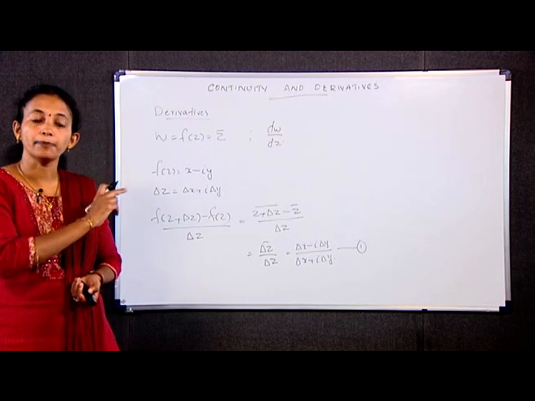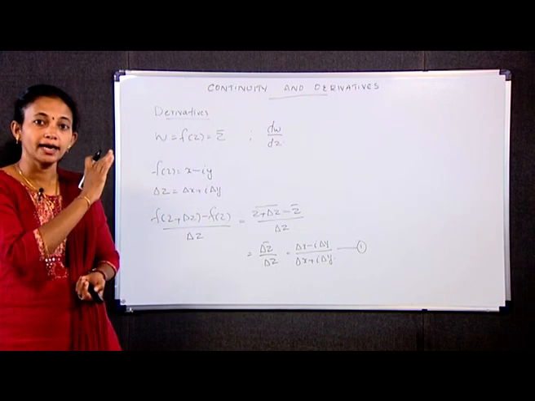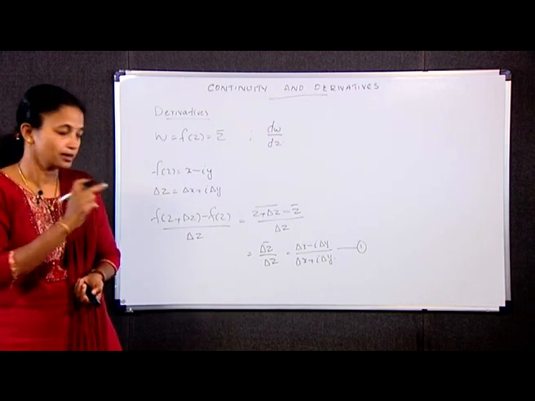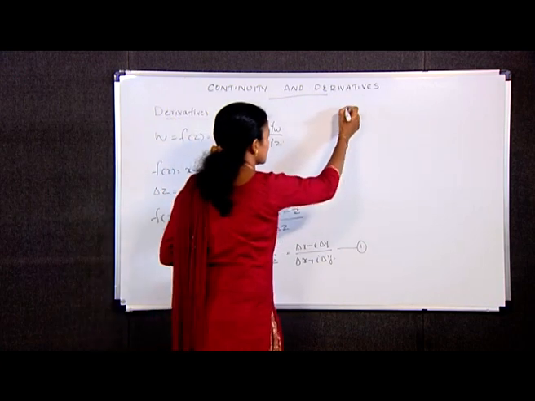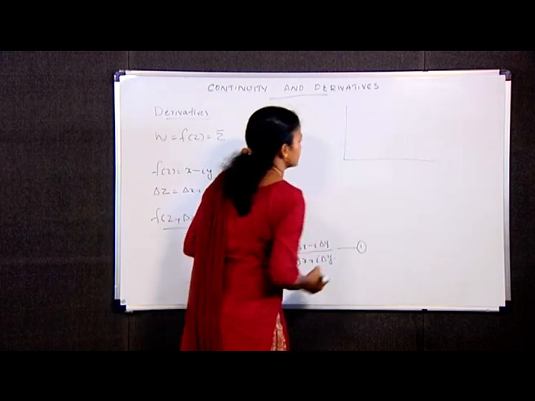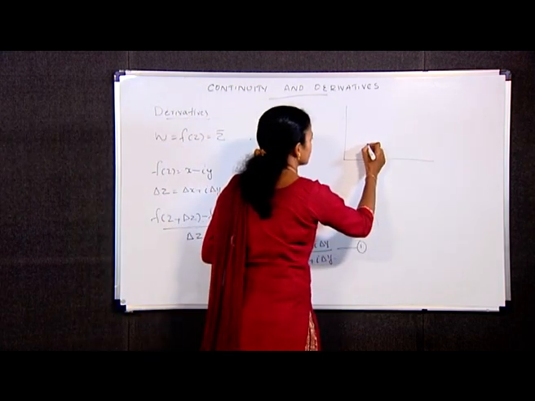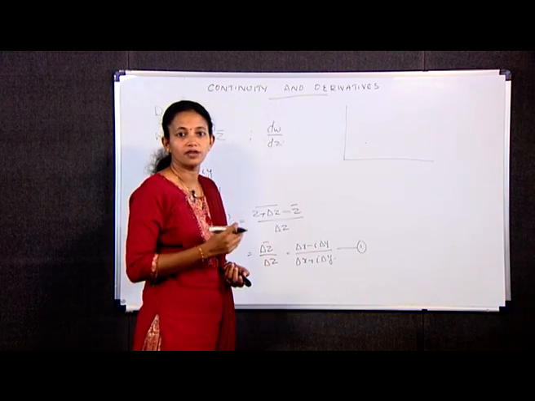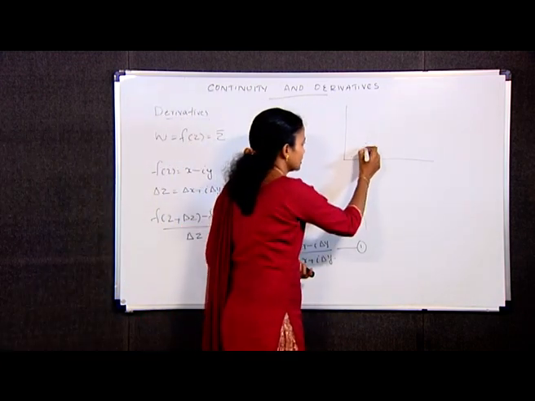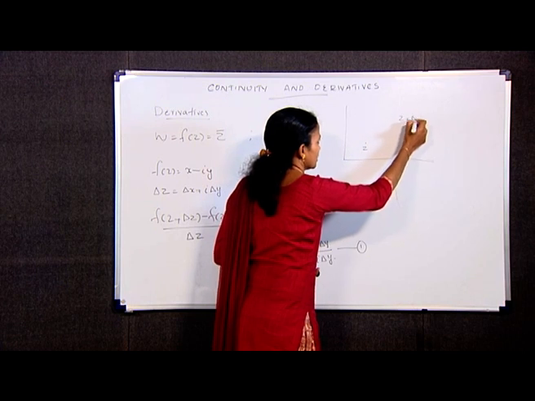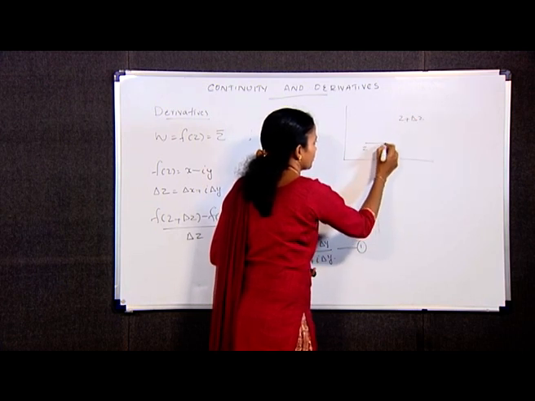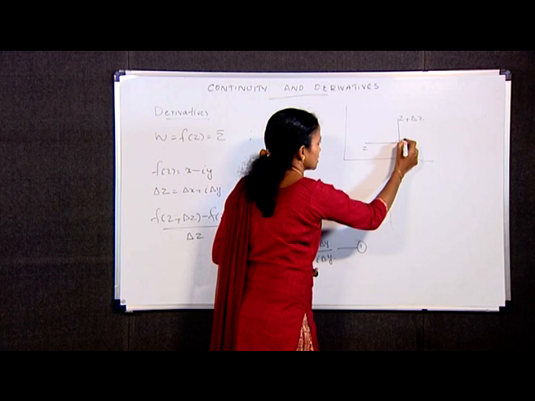Thus, one approaches plus 1 along the first path. Here we have a figure. Here we have z and z plus delta z. This is our path 1.